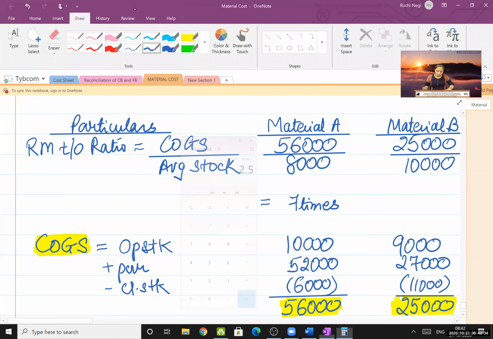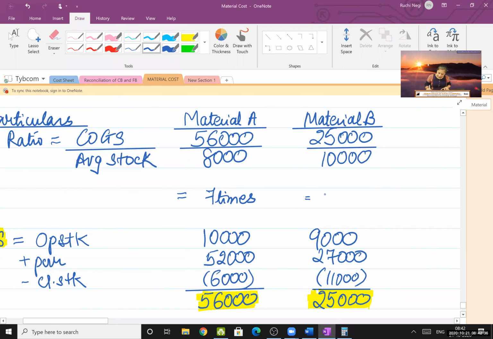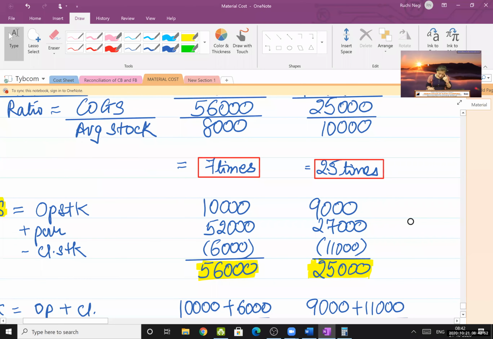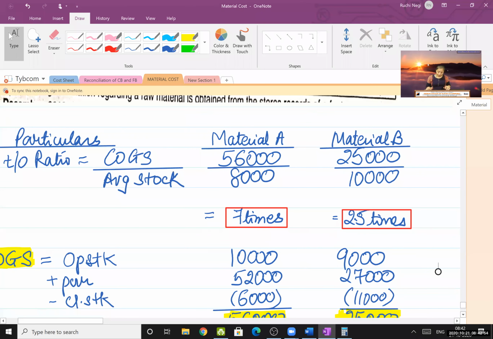So my answer is 2.5 times. Okay, so box your final answer: 7 times and 2.5 times. Okay, by just looking, it seems that with 7 times, A is fast moving than B.